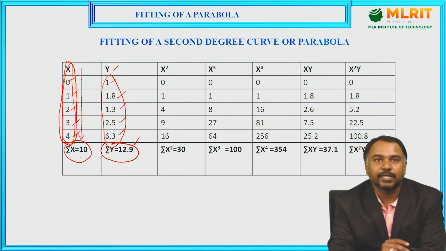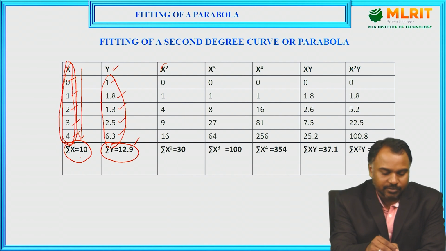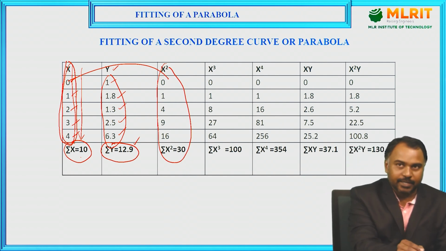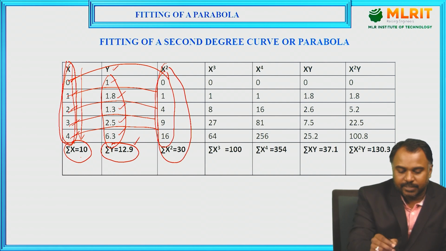If you do it in the calculator, you'll get summation y equal to 12.9. Now summation x square is the square of each observation: 0 square is 0, 1 square is 1, 2 square is 4, 3 square is 9, 4 square is 16. The sum of all these observations, summation x square, is 30.